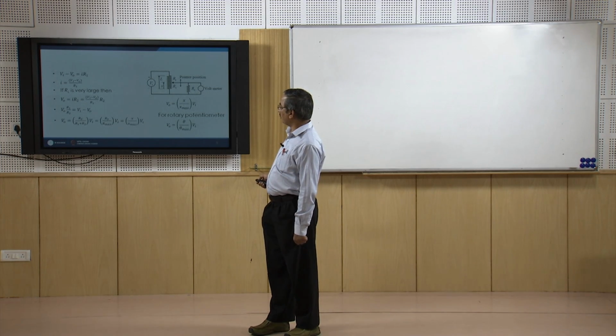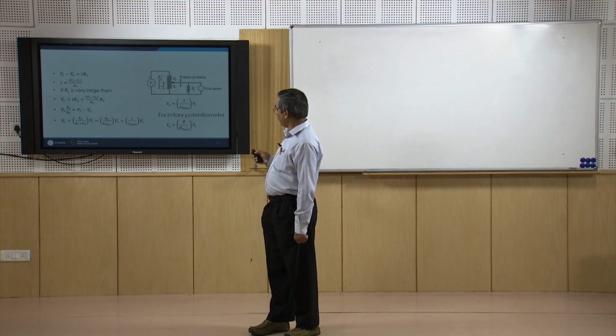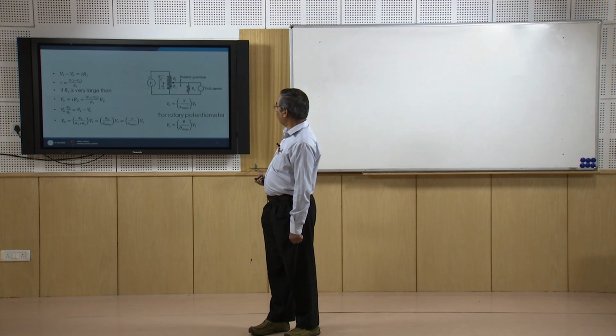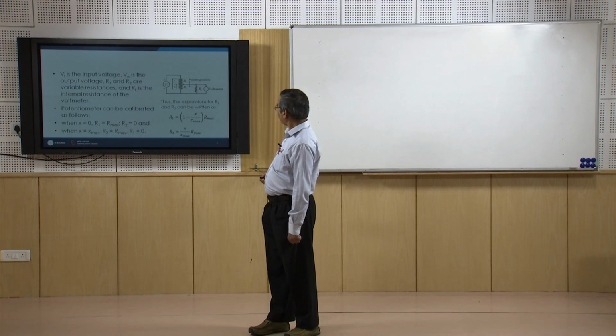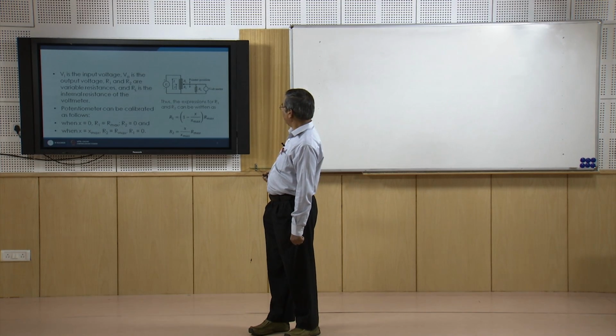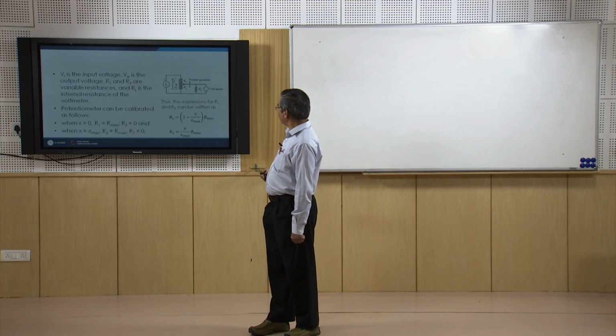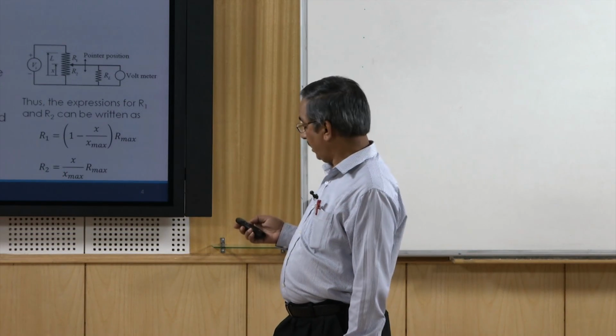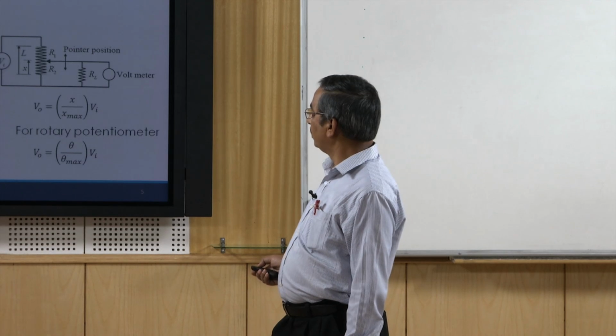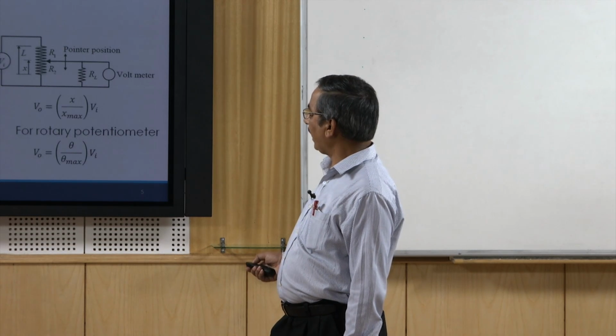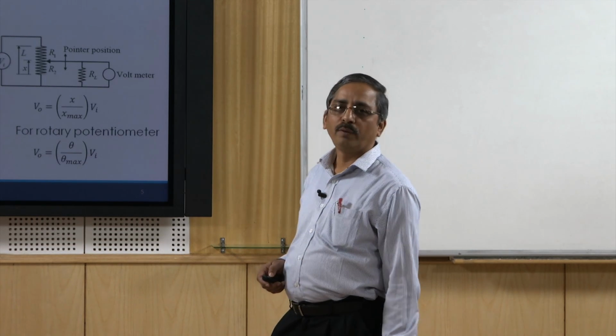So, this is R2 by R max into Vi, and we have already seen that R2 by R max is basically x by x max. So I can substitute this value in my result, and I get Vo is equal to x by x max into Vi.